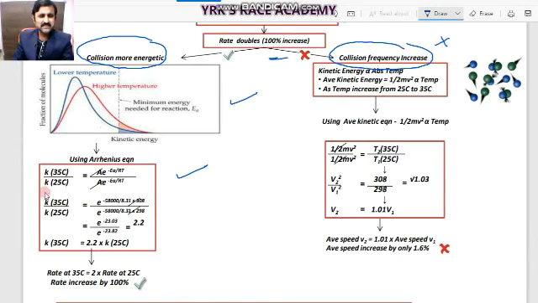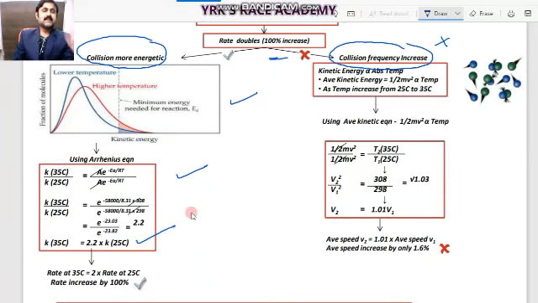Using the Arrhenius expression, if you substitute the K values at 25 degrees Celsius and 35 degrees Celsius, we got K at 35 degrees Celsius equals 2.2 into K at 25 degrees Celsius, meaning 2.2 times that of the initial rate of the reaction.